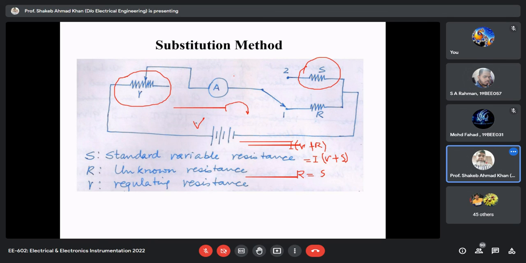देखिए इसकी बस एक प्रॉब्लम है कि व्हेन वी आर टेकिंग बोथ द रीडिंग, योर एक्साइटेशन शुड नॉट वेरी। Excitation variation is a big issue, not only in this method, in all the methods. Wherever we are using excitation, in measurement especially, I'm talking about measurement.